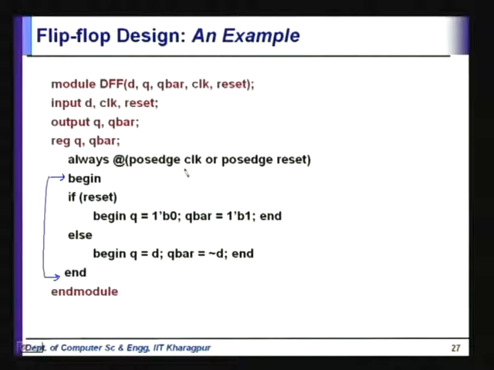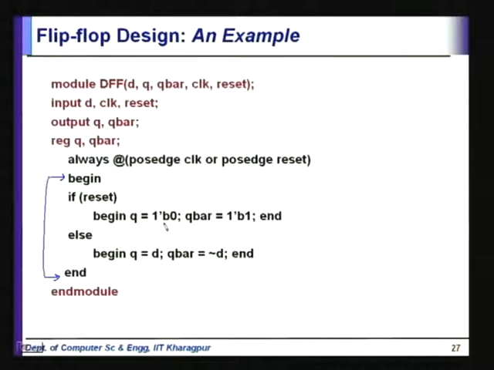So, always at posedge clock or posedge reset. What is posedge clock? It says that whenever clock rises, positive edge of the clock, whenever the clock rises or whenever reset rises, in any of these two circumstances we are going to examine this. So, when we go inside this, we will check if reset is high. If reset is high, reset is a level sensitive thing. So, whenever it is high, we should assign Q to 1'b0.